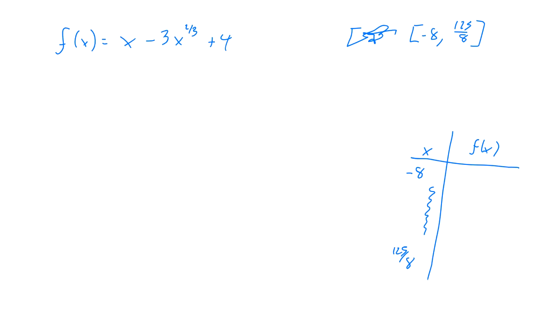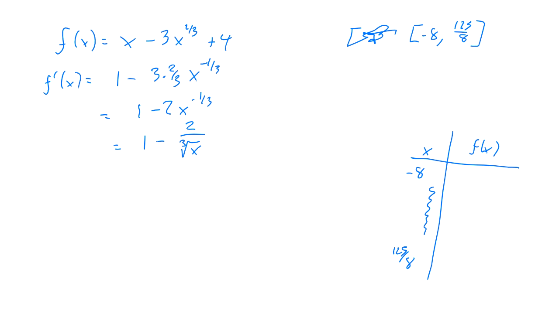So let's find our critical numbers. F prime of x is going to be 1 minus 3 times 2/3 x to the -1/3, which is 1 minus 2 x to the -1/3, which is 1 minus 2 over the cube root of x.